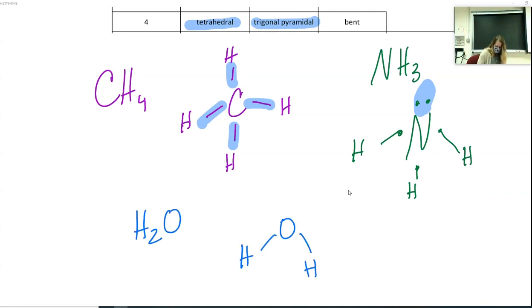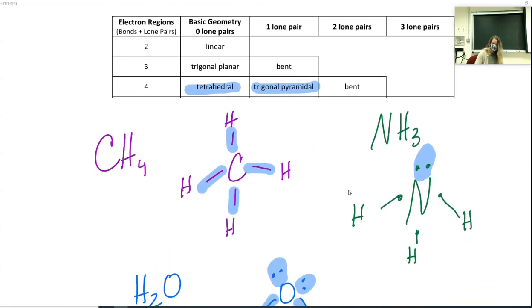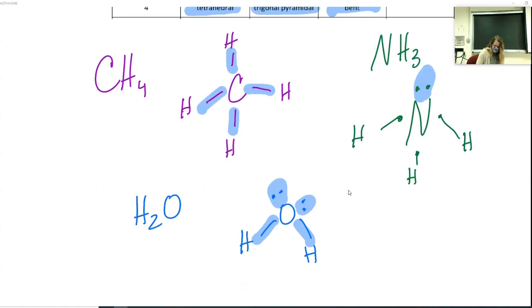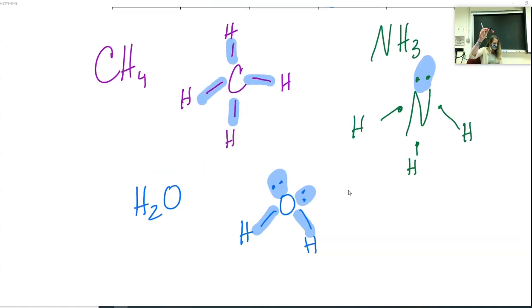It's bonded to 2 hydrogens, and there's 2 lone pairs. So let's take a look. It has 1, 2, 3, 4 electron regions. It's got 2 lone pairs, so the shape is going to be bent, which you guys can see. I've got 2 examples here.